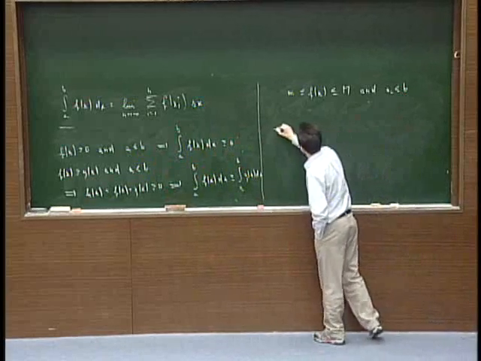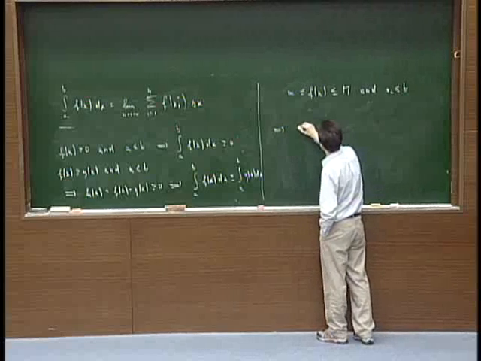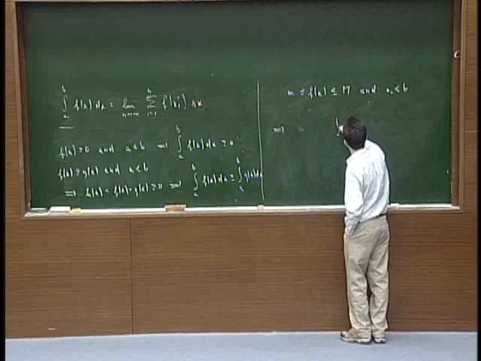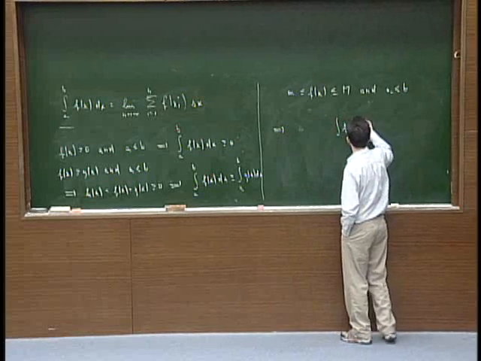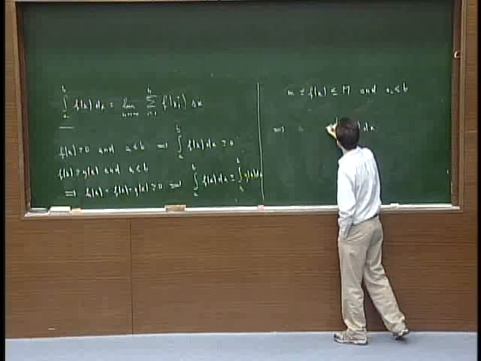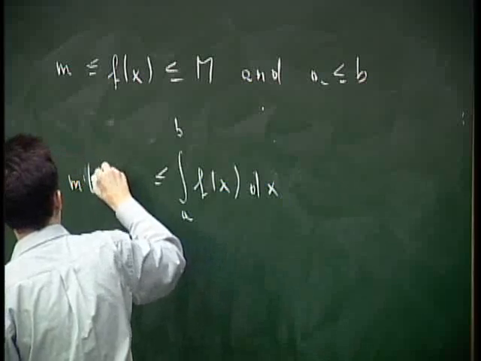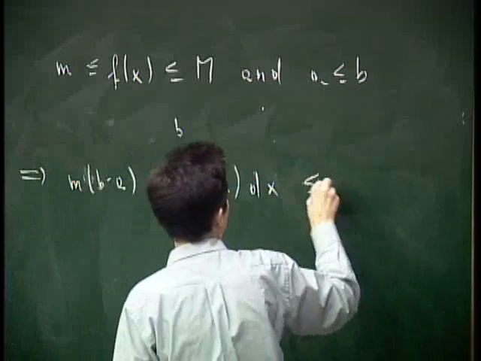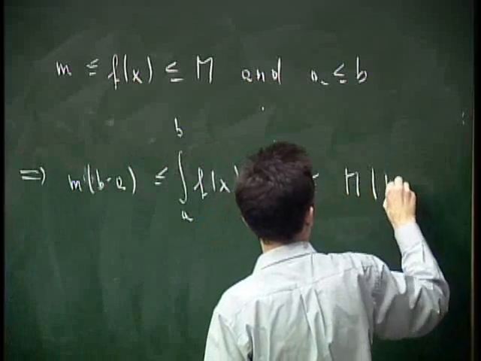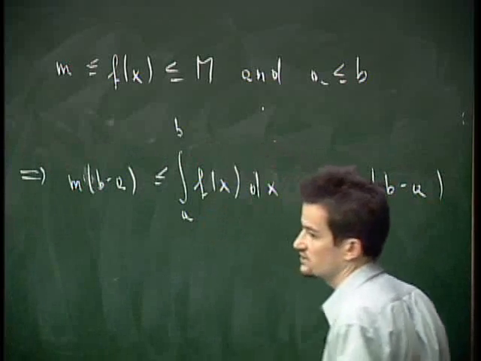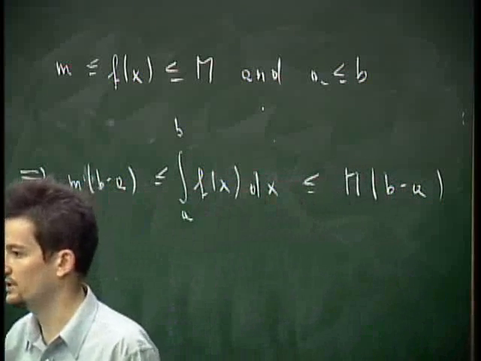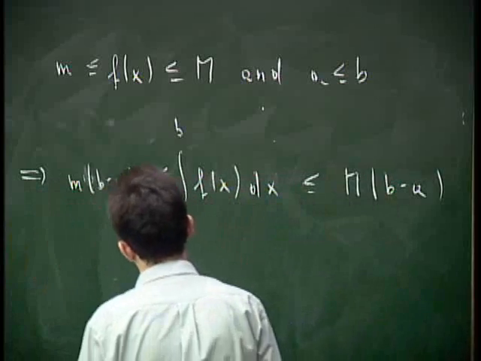So in this case, if you look at the integral and use this property here, it will be larger or equal than m times b minus a, and smaller or equal than M times b minus a. Also, this is something which is clear from the area interpretation.